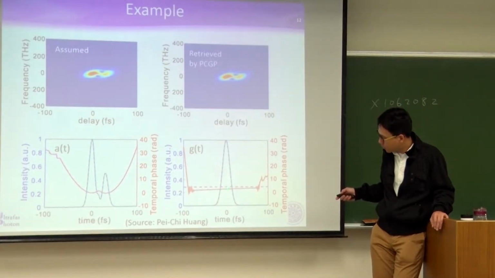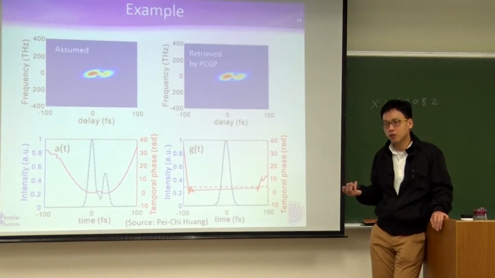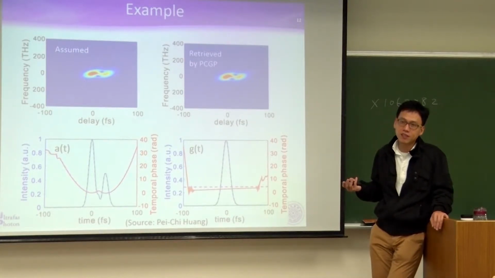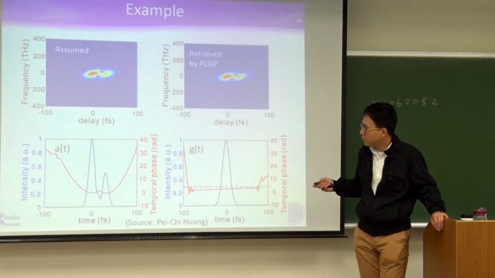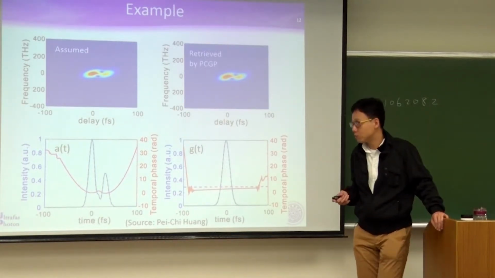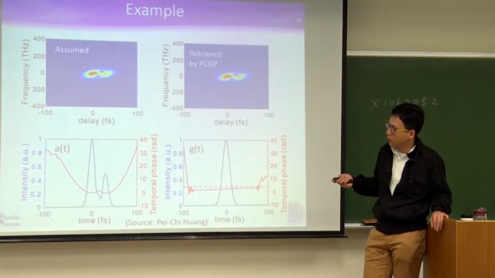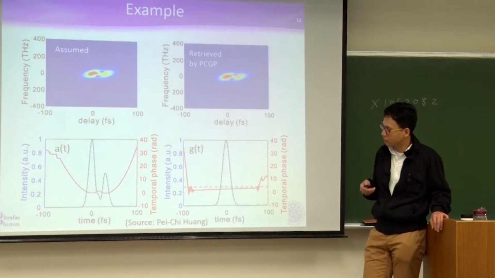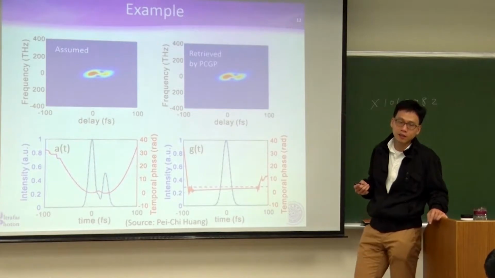It seems that there is only a constant difference between them. So essentially, there is no difference in the shape of the pulse. Absolute phase does not change the shape. It should be unimportant. So it's clear evidence that PCGP can do a good job in blind Flock. You can recover not just the signal pulse, but also the gate pulse. And even a two-peak pulse does not introduce much problem.